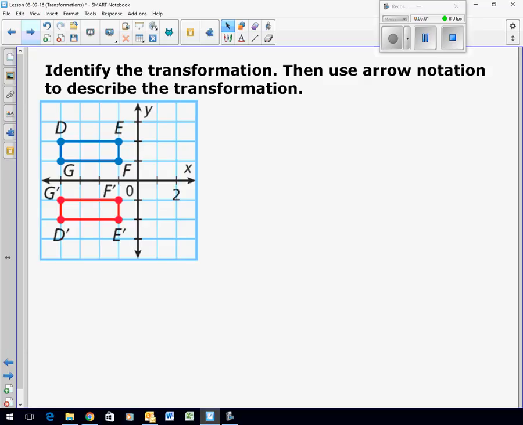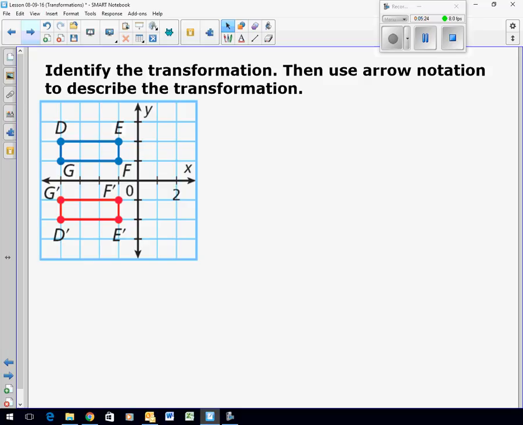Okay, here we go. What happened here? What do we have? Who says translation? Who says reflection? Who says rotation? Good. No, you're wrong. I know, I just got you. All right, check it out. How can I tell if it's a translation or a reflection? Yes, sir. The points.